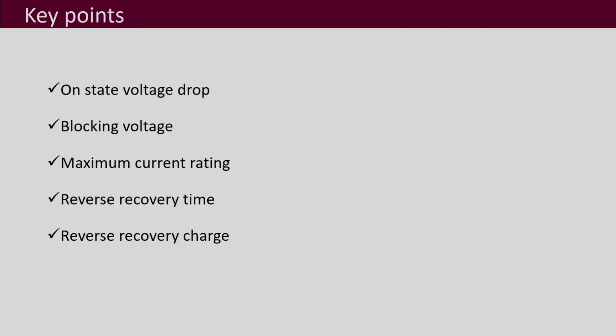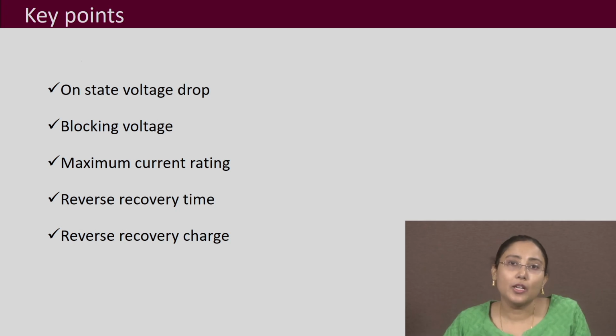Then the maximum current rating of the diode, and the turn off process of the diode is more important than the turn on process. So you should pay attention to the reverse recovery time, reverse recovery current and the charge associated with it. These are some of the key specifications of the diodes that you should first look for while choosing one for your particular design.